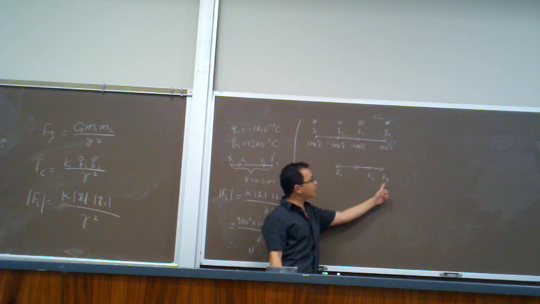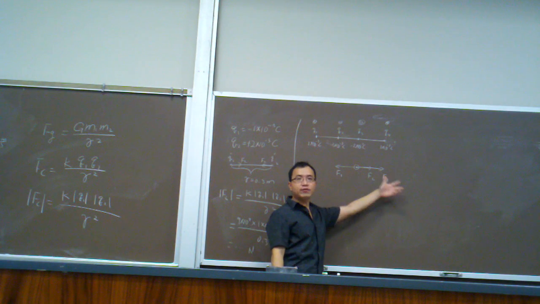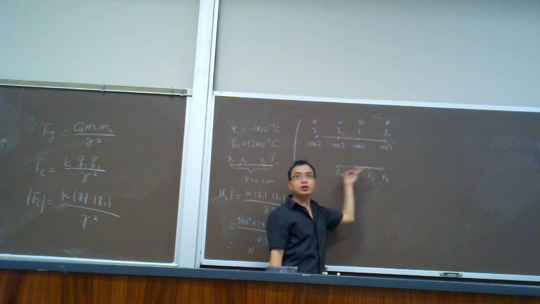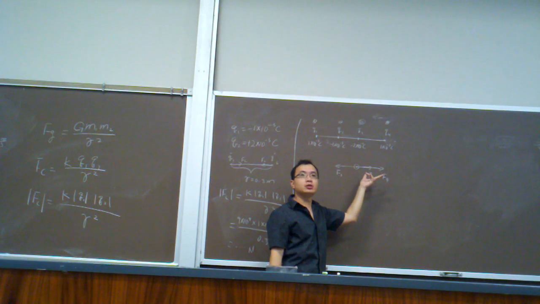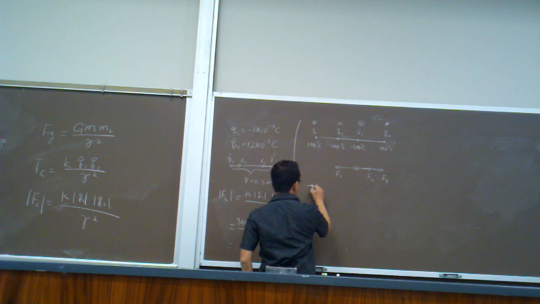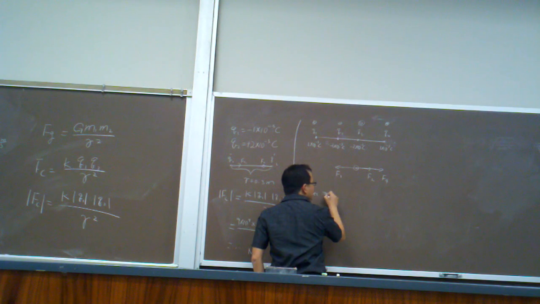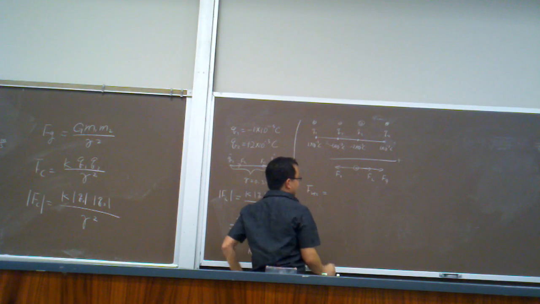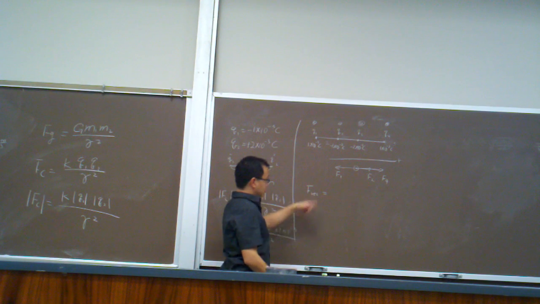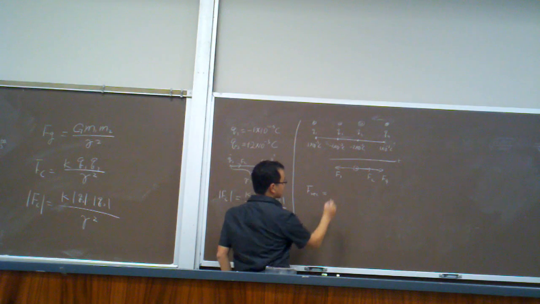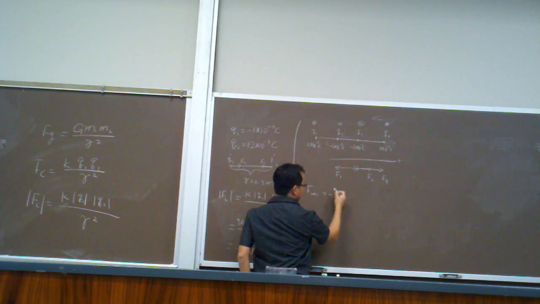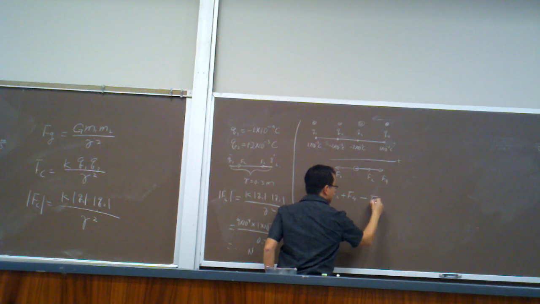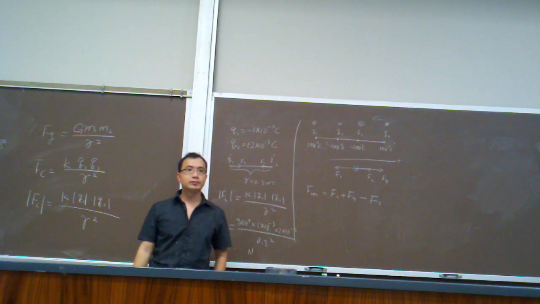You just need to calculate the 3 forces separately and put them together according to the direction indicated here, right? So F net equals, if we choose this direction as positive, how do you write down the net force? F2 plus F4 minus F1, right?